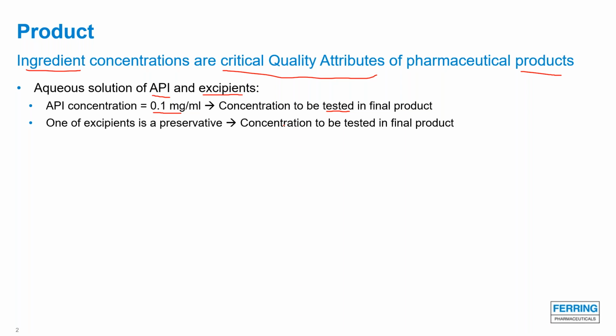However, if these excipients have a specific role, like for example in this formulation, one of the excipients is a preservative, we also need to test it and make sure it is compliant with the specification. The reason is that this concentration will be determinant for the shelf life of the product.